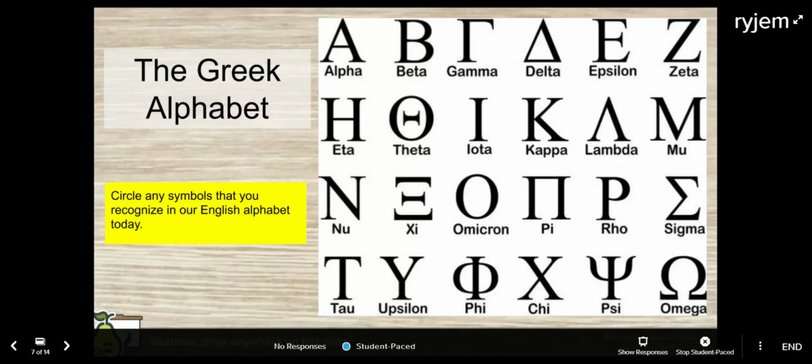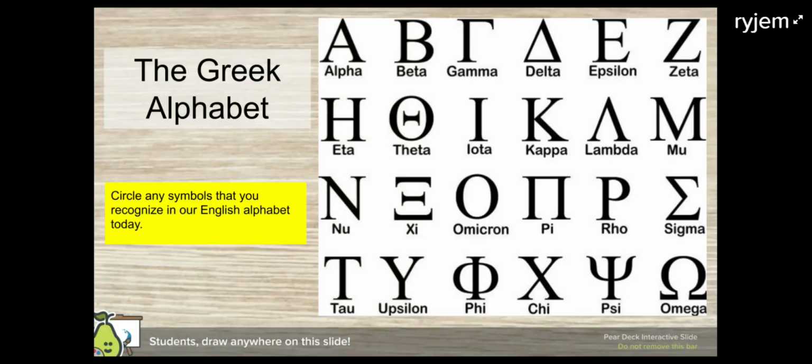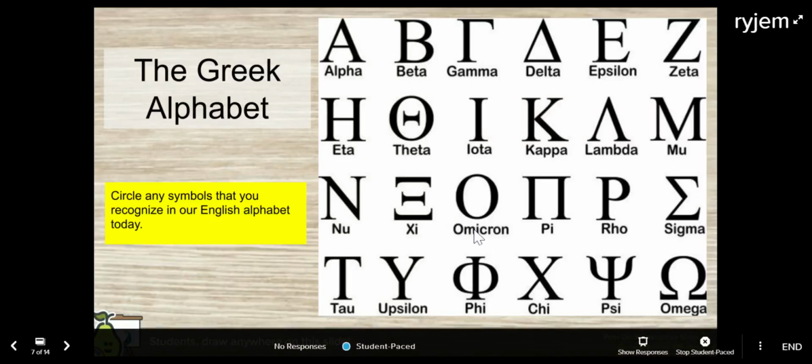This one always stumps me. I've got to think about it for a moment here. Xi, omicron, pi, rho, sigma, tau, upsilon, phi, chi, psi, and omega.